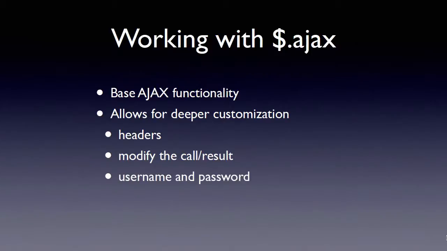If you're working with something that requires security, perhaps a username and password, you can include that in the actual HTTP request. There's a lot more that you could set, and really it just depends on what API you're working with. You may have to set some things one time and other things the other times.